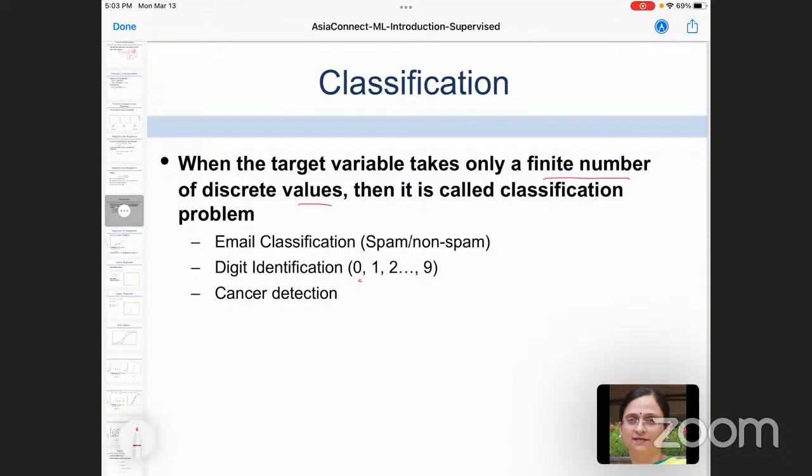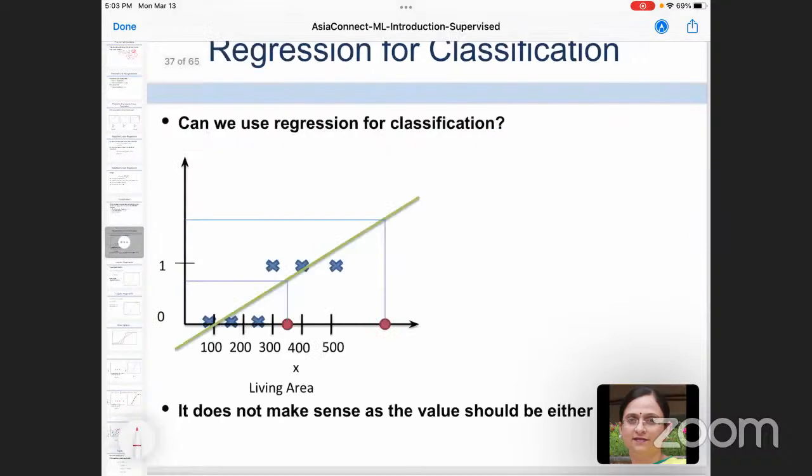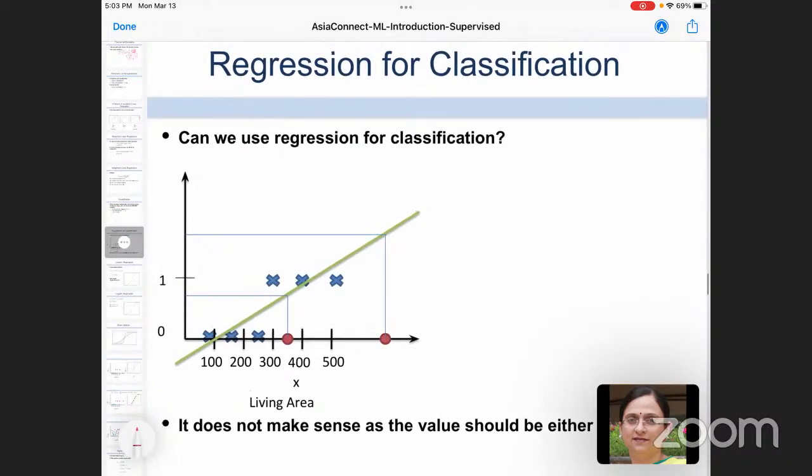If you want to identify whether a tumor is cancerous or not, this is a binary classification problem. There are lots of classification problems, like identifying whether an image is a dog or a cat. Okay, so can we solve a classification problem using regression?